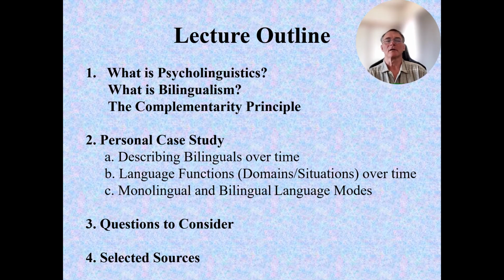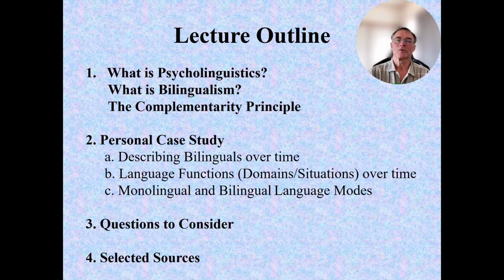Here's the lecture outline. At the beginning I'll introduce some definitions of what is psycholinguistics, what is bilingualism, and something important called the complementarity principle. In the second part, I'll introduce a personal case study of my own experience being bilingual. So we have part A, describing bilinguals over time.